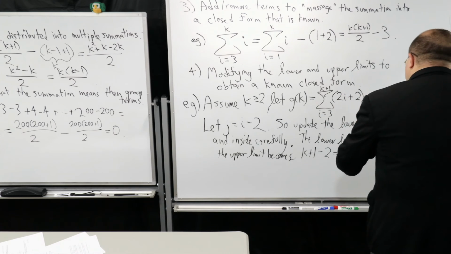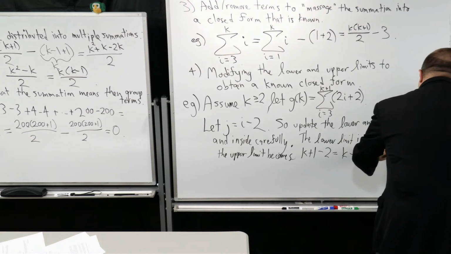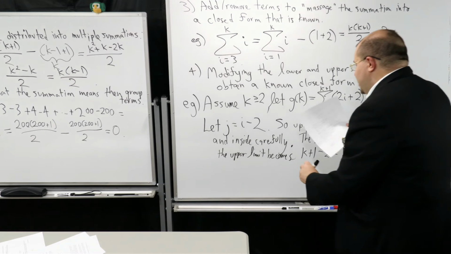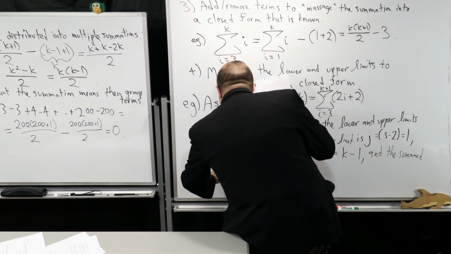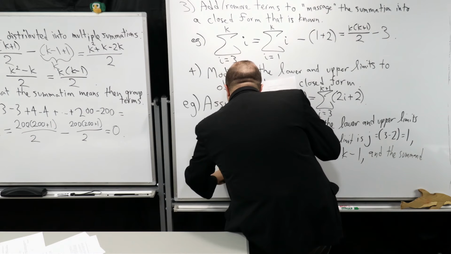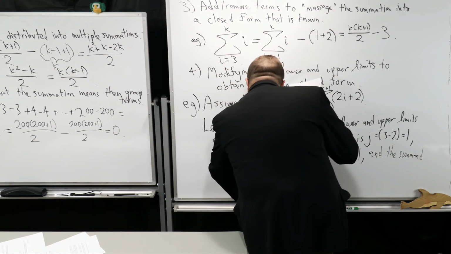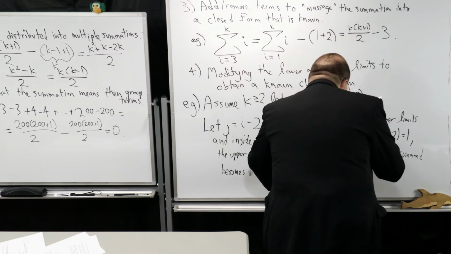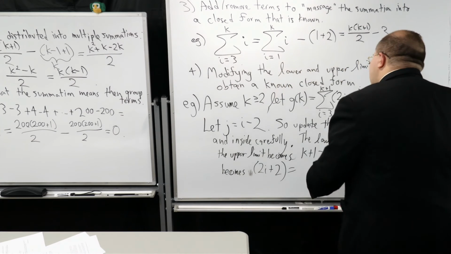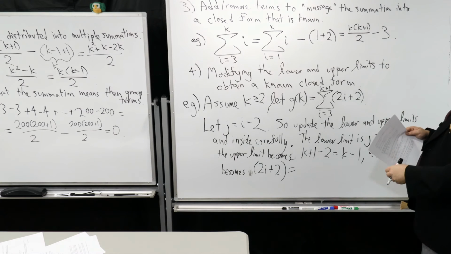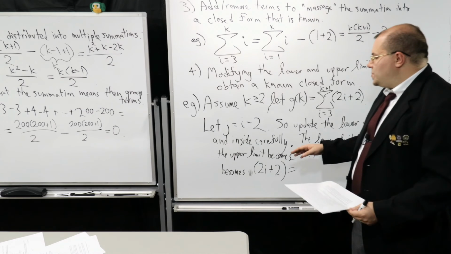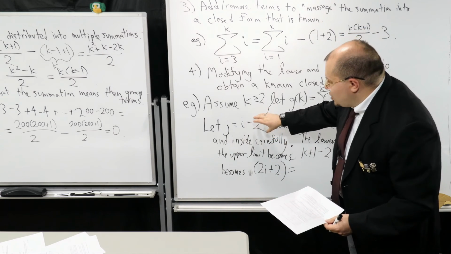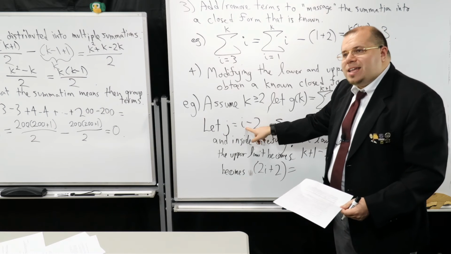But what happens inside? The summand becomes what? Well, remember, it's 2i plus 2. Now, wherever I see i I want to put j's. But what's j? If you rearrange this equation, I would need to add 2 to both sides, so it's i equals something.